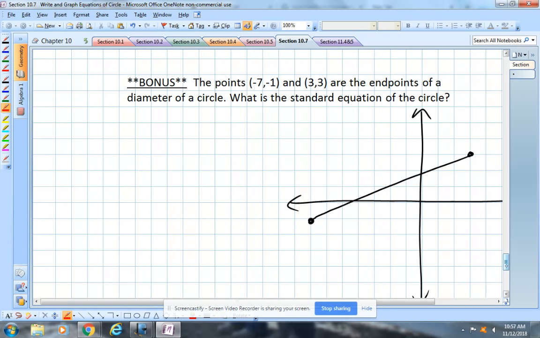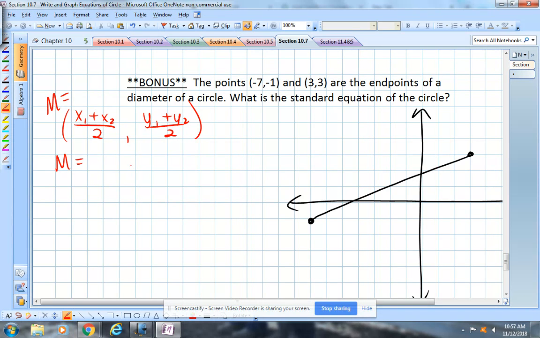Now, there's a formula for that. We learned it a long time ago. x1 plus x2 over 2 for the x's, y1 plus y2 over 2 for the y's. Basically, you take the average of your x values and the average of the y values. Add the x's together, divide by 2, add the y's together, divide by 2, and the ordered pair you come up with is your midpoint. And that will be our center of our circle.